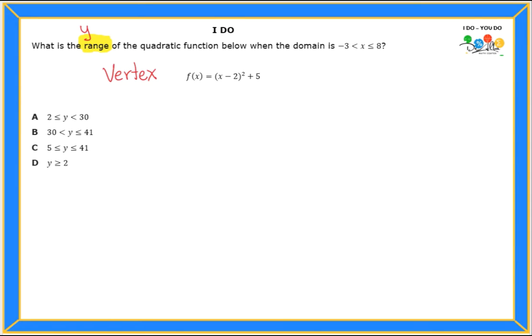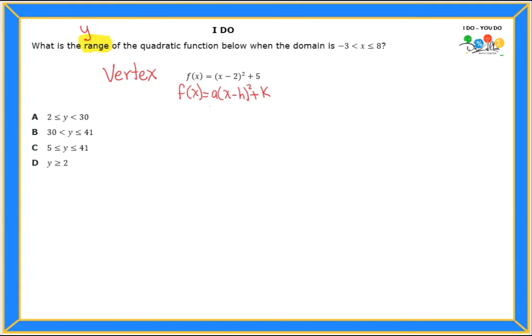So what we're gonna do is write down the vertex form for this one. Luckily for us, the function is already in vertex form. So I'm just going to write down the formula right below that. So this will be parenthesis x minus h squared plus k.